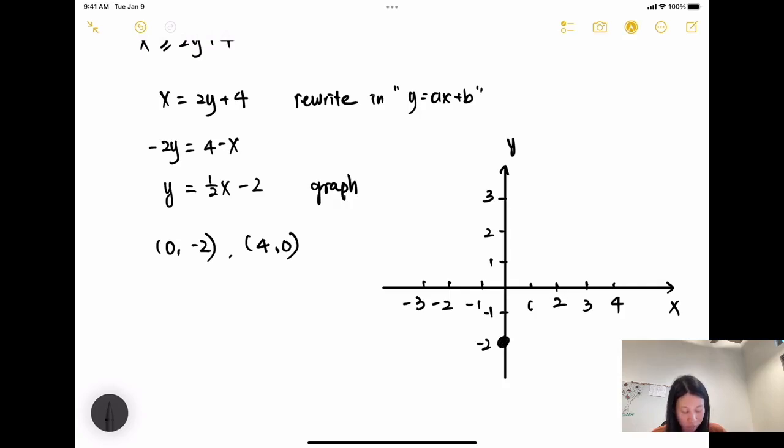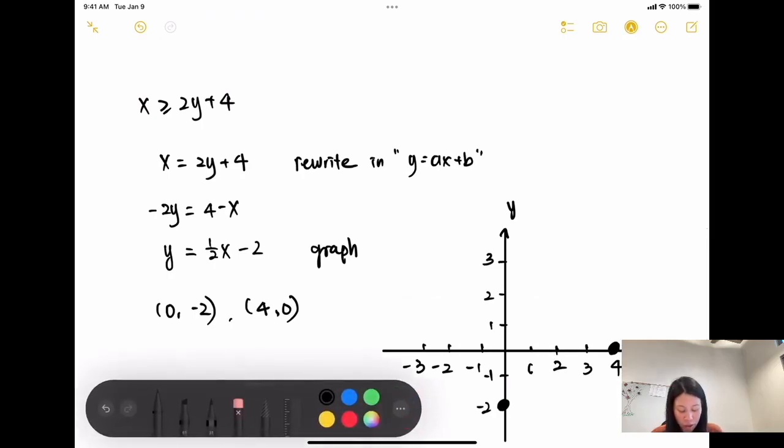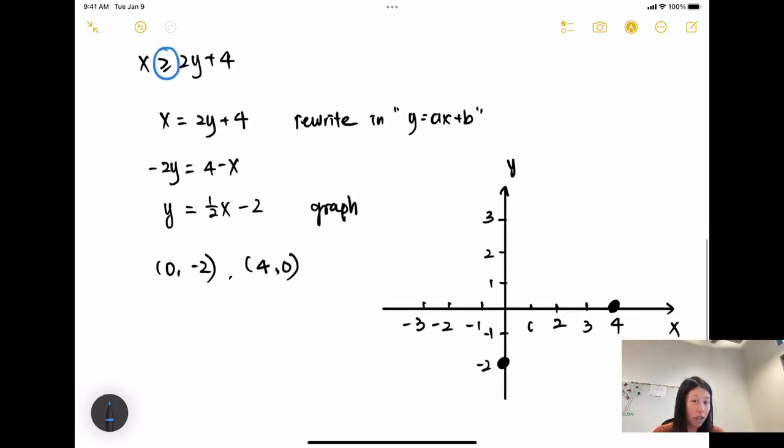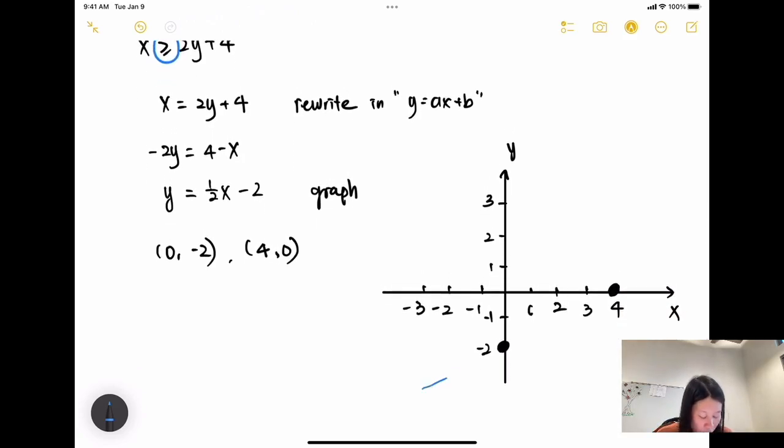The second point is 4, 0. Since in here, this is what? A greater than or equal to. There's an equal sign, so that means our line is going to be solid. It will be this line.